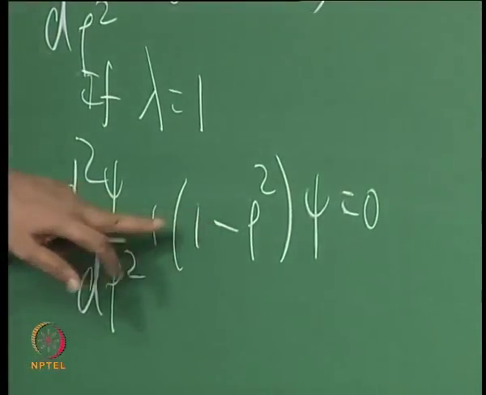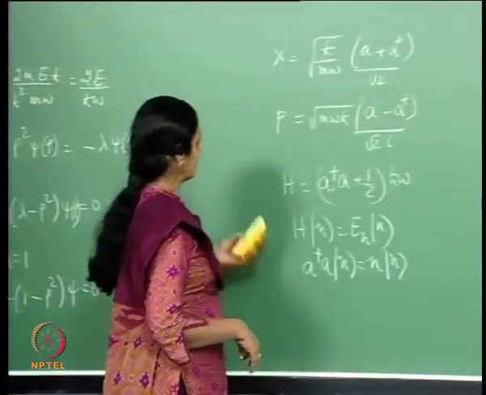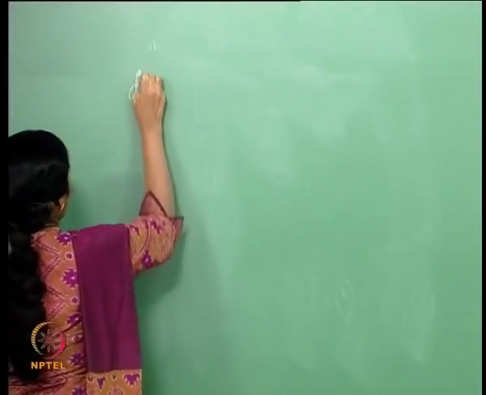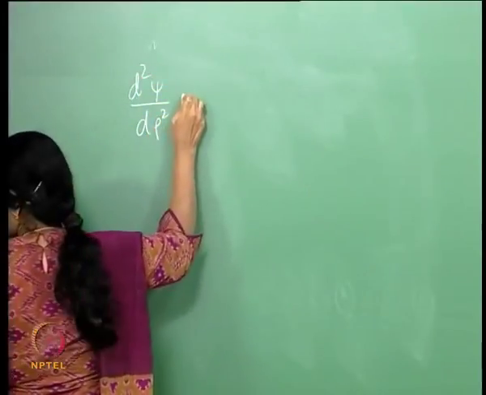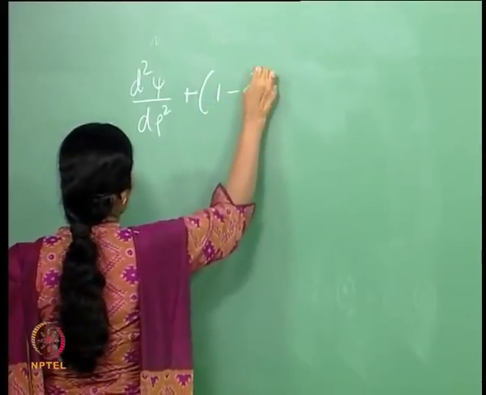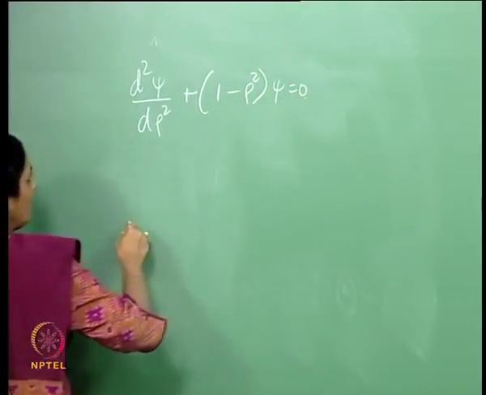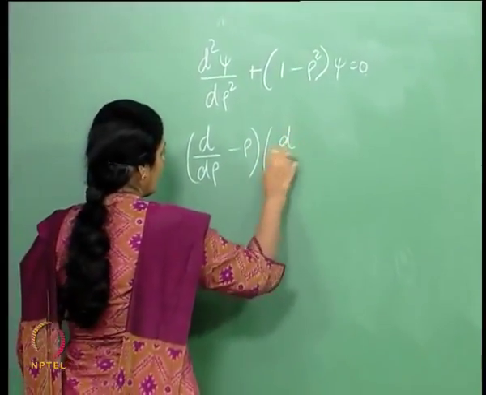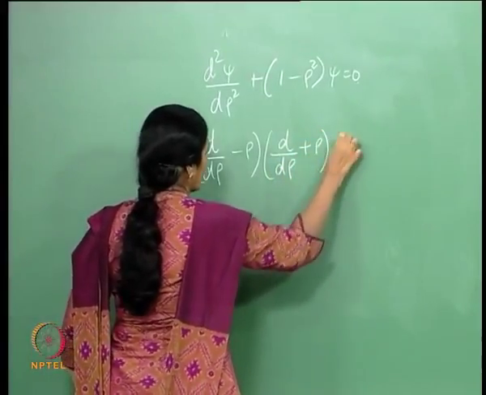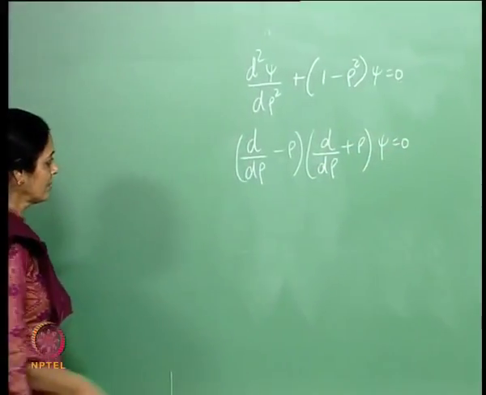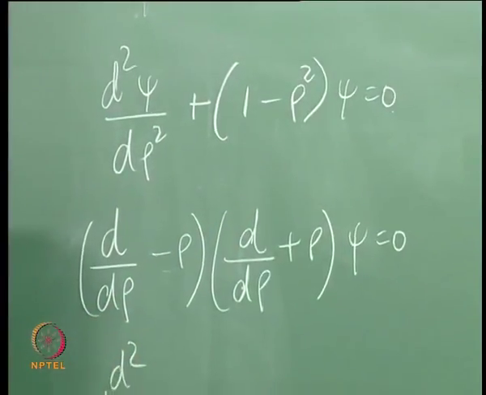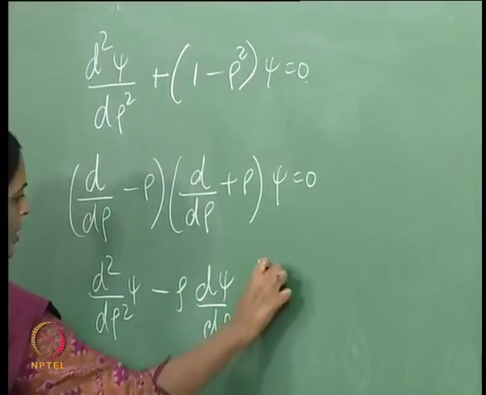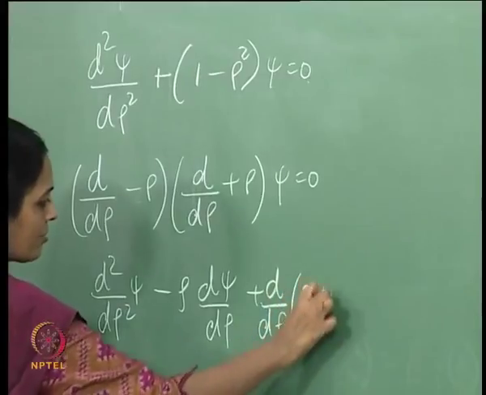But you see, an equation of this form can be factored and written in a different manner altogether. I have the equation d2 psi by d rho squared plus (1 minus rho squared) psi equals 0, and that can be written as (d by d rho minus rho)(d by d rho plus rho) psi equals 0, because this is just d2 by d rho squared psi minus rho d psi by d rho plus d by d rho of anything that comes after that.